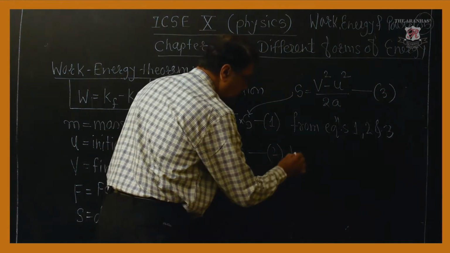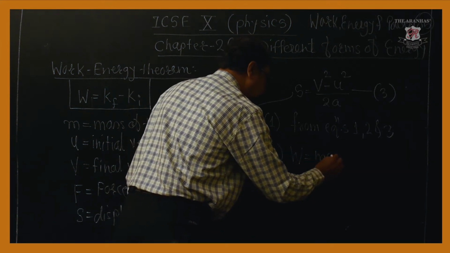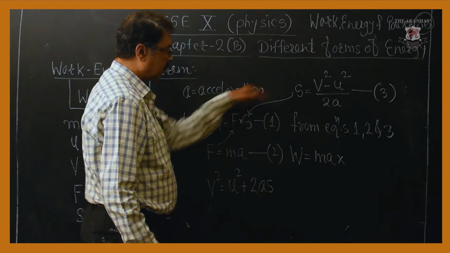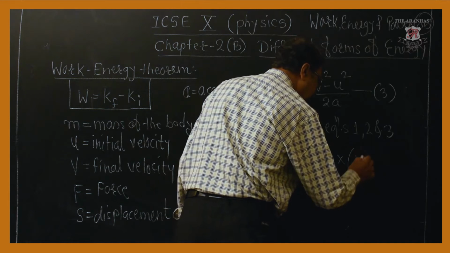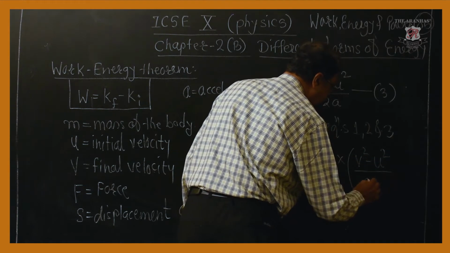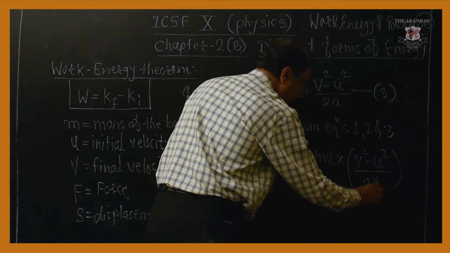Work equal to m a into, this is the value of force, now substitute that value, (v square minus u square) upon 2a. This a will cancel out.